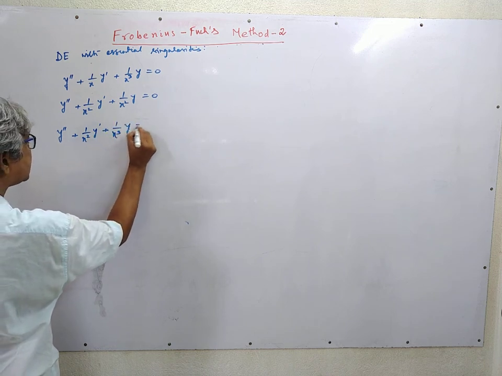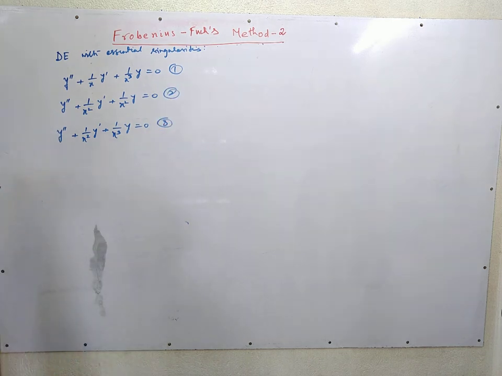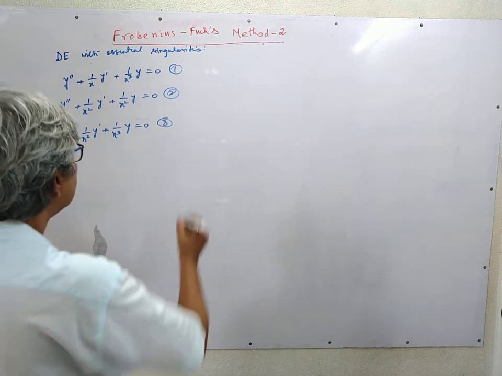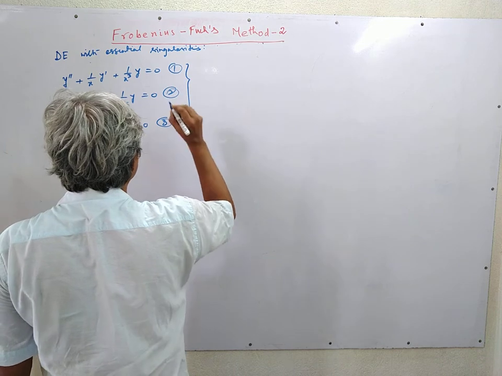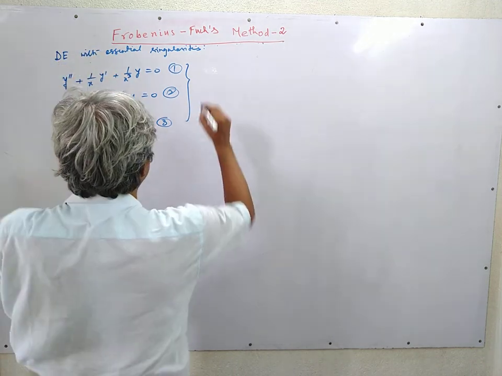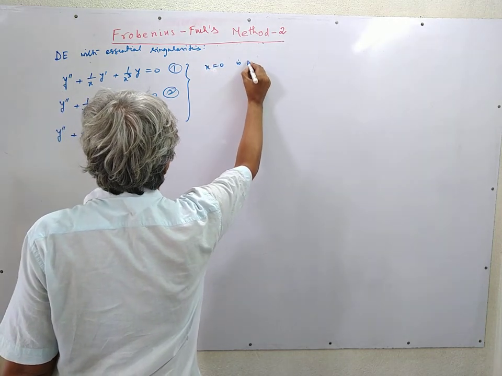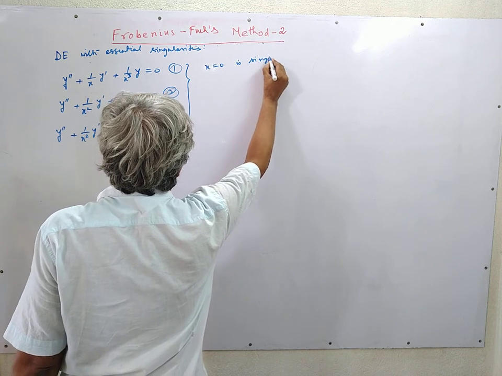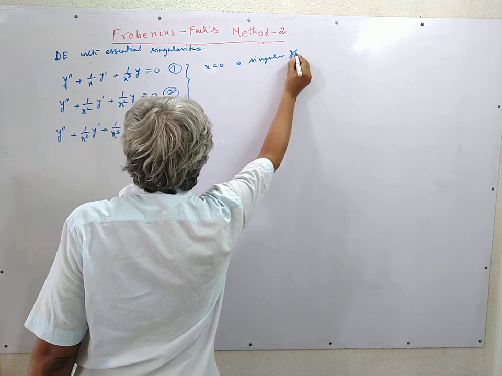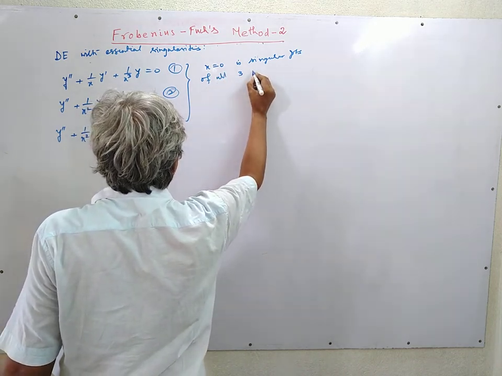We have considered three differential equations, 1, 2, 3. Say that for each of these differential equations, x is equal to 0 is a singular point. So this is Q1, this is Q2. All three equations.